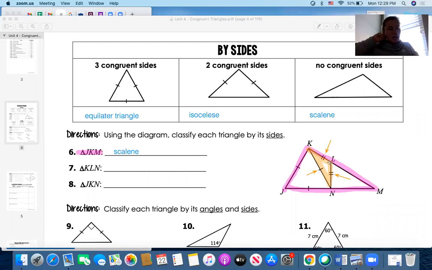Those 2 marks indicate that those 2 sides are the same. And the one that has 1 is the side that is different. You'll see it again right here. These lines mean that those 2 sides are the same. So this would be an isosceles. Let me go back and highlight here so that it helps you.